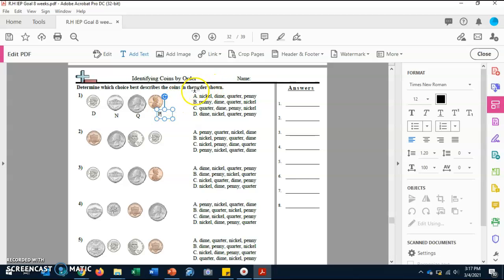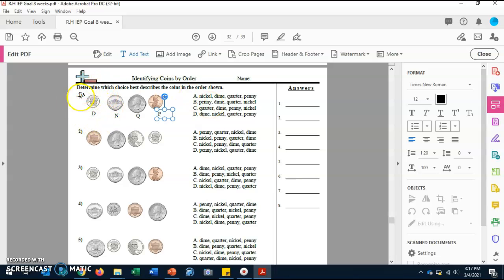And now we're going to look through these answer choices and find the correct order that they are right here. So for letter A, we have nickel, dime, quarter, and penny. Do we even start with a nickel? No, we do not. So that cannot be our answer. Next one, penny is our first one.